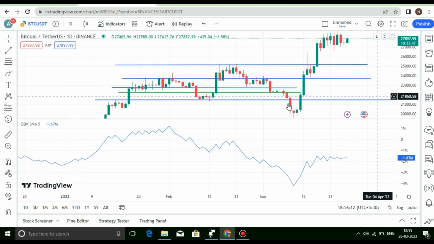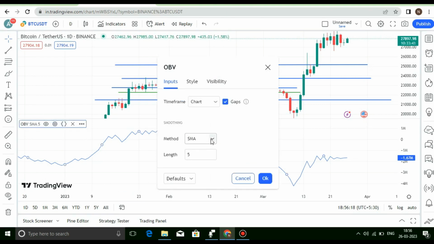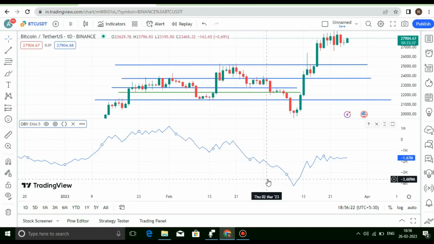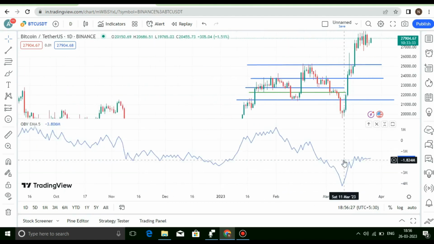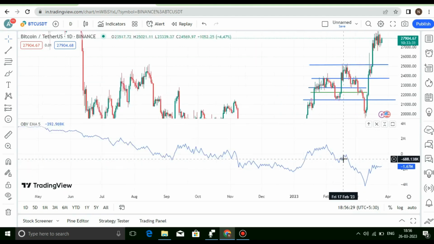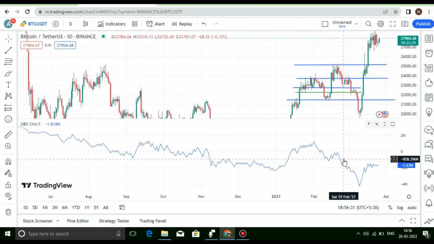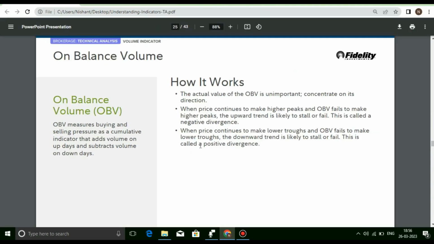So here we have it, guys, on balance volume indicator with SMA of 5-day. So we'll be selecting exponential moving average instead of simple moving average over here, and then applying that. SMA is an excellent tool to predict the trend of the market. Okay, let's see what the PDF says.